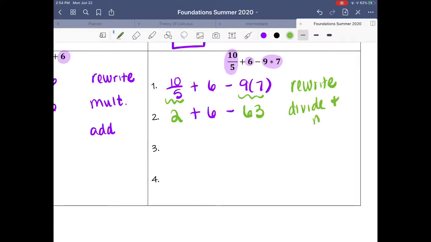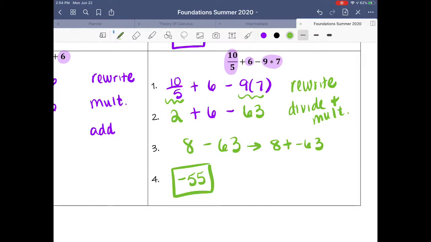This was a divide and multiply. I did it in one step. And now I can add. And like I said, you could rewrite this as 8 plus negative 63 if you prefer, depending on your book. And then 8 minus 63 is negative 55.